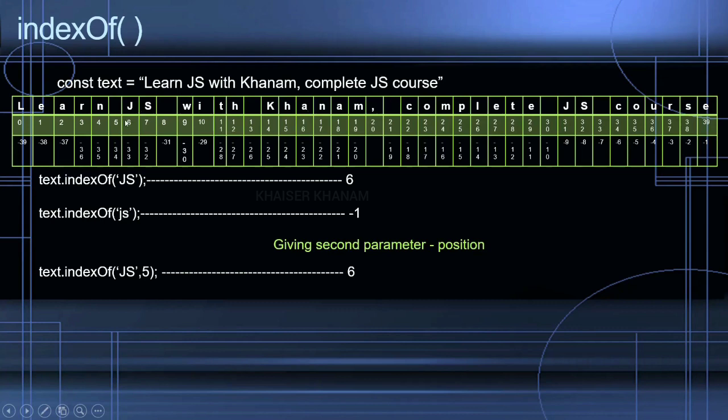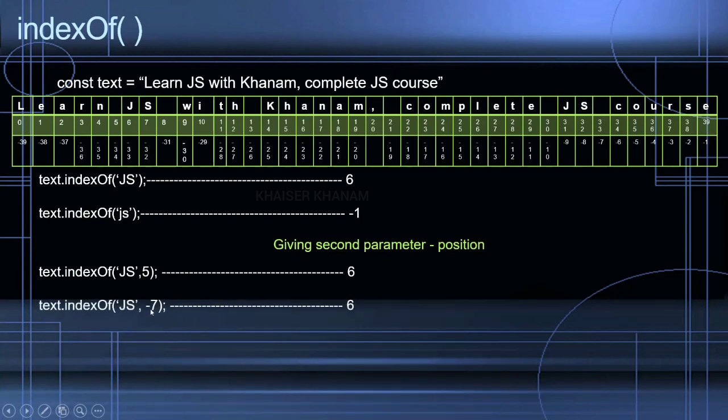But I got the result as 6 for the first one, which means indexOf will consider the first match. Whatever first match we have, it will take that one and return its index. At the fifth position, if I start, the first match I got here, so it will return 6.